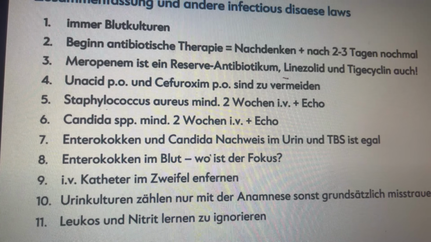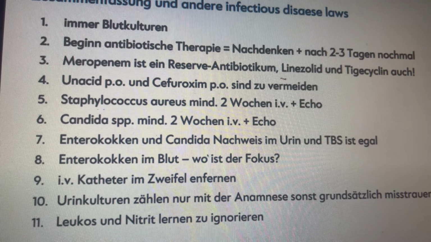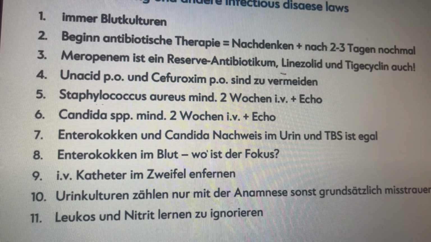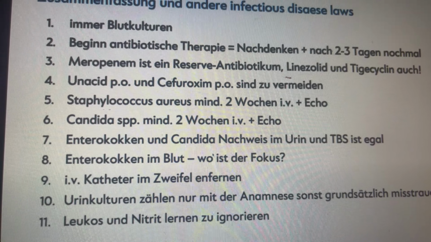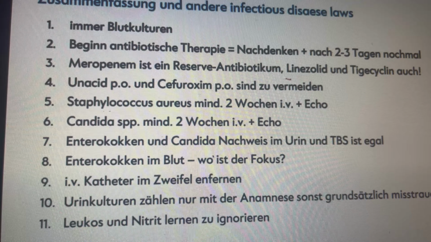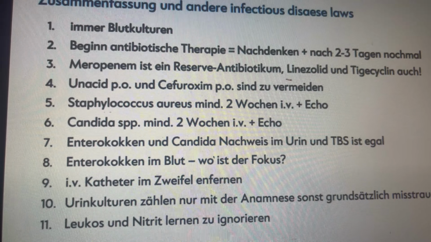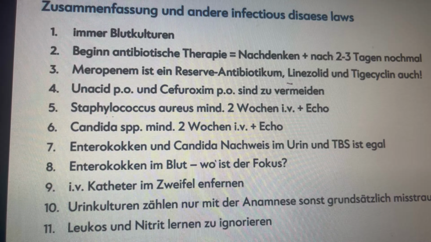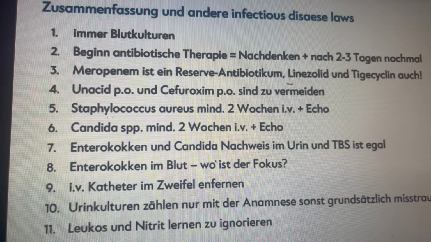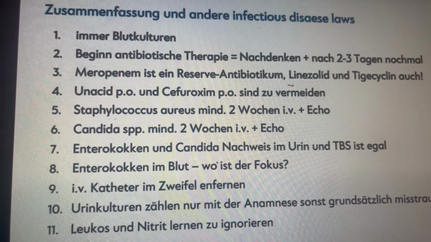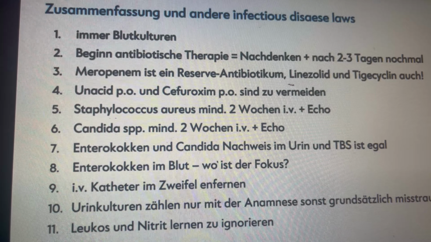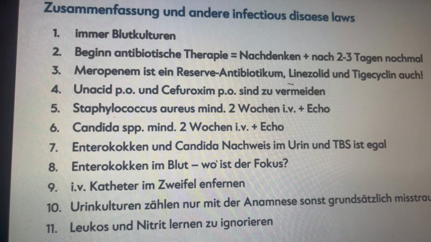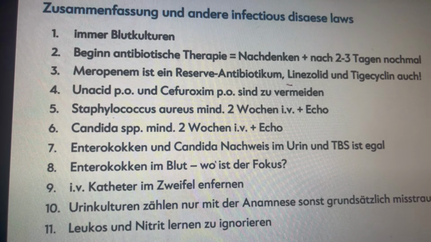Apart from that, Enterococcus and Candida, if they are in urine, we can ignore them, but based on the clinical condition, we can even take the sample again, and if they're older people and if they are symptomatic, then we have to begin the therapy. With Enterococcus in blood, we have to even look for the focus.